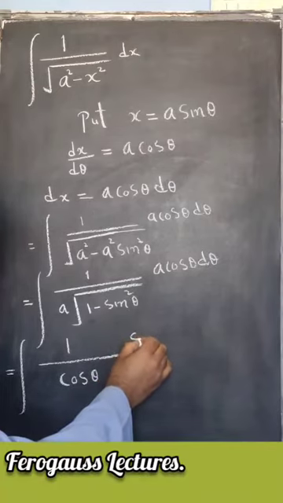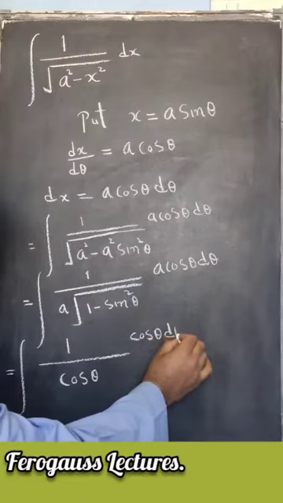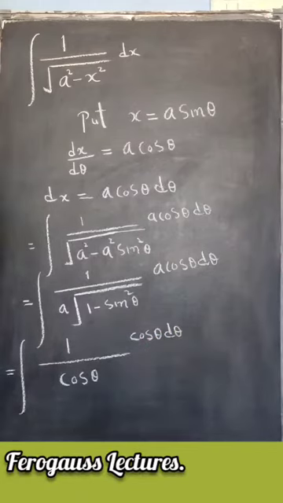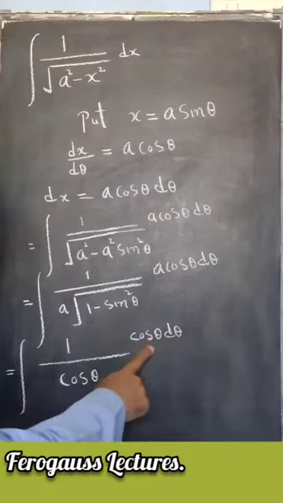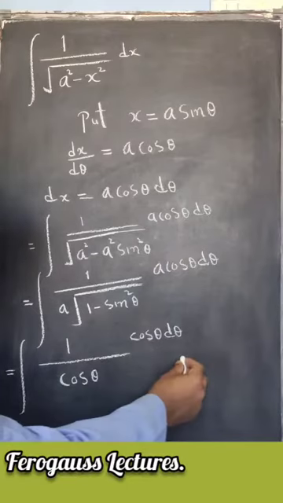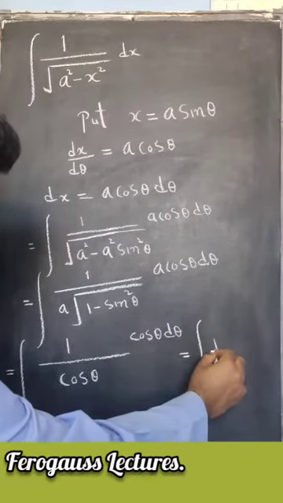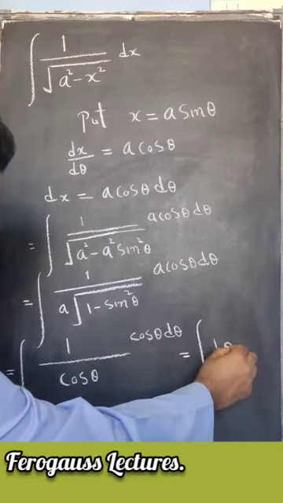Here you have cosine of theta d theta. Now this cosine theta and this cosine theta will yield quotient as 1, so we get the integral of d theta.